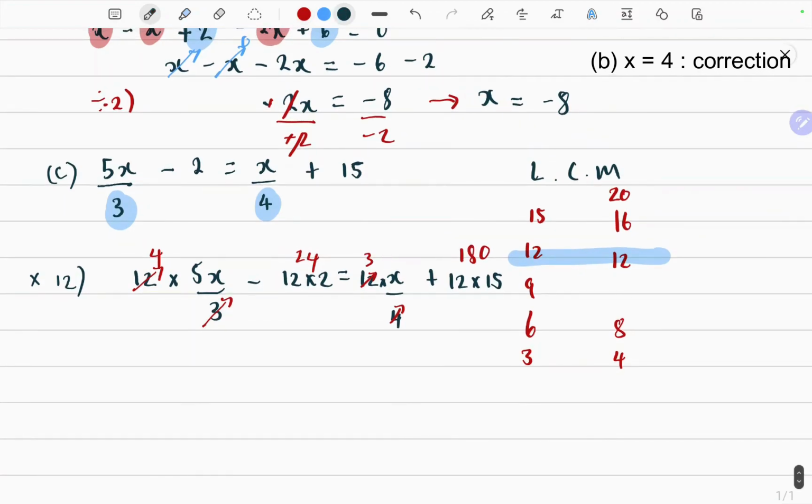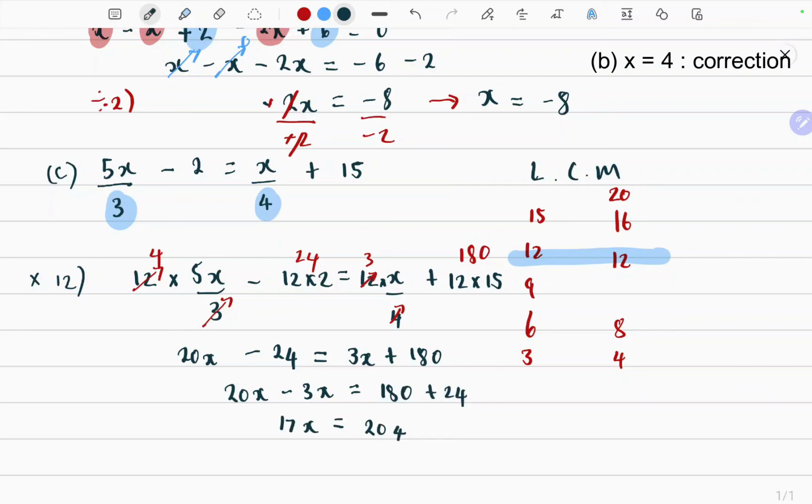So then we can write this as 4 times 5 is 20x minus 24 equals 3x plus 180. So we can group like terms with the constants on one side and the terms containing variables on the other side. Here we have 20x minus 3x equals 180 plus 24.